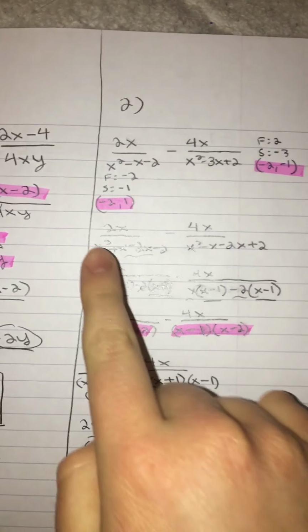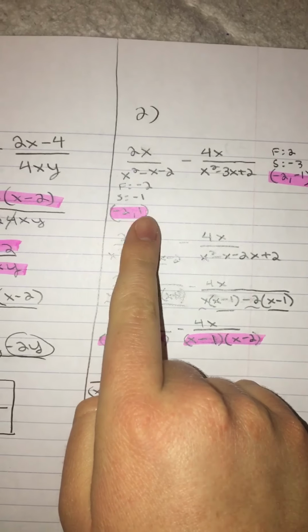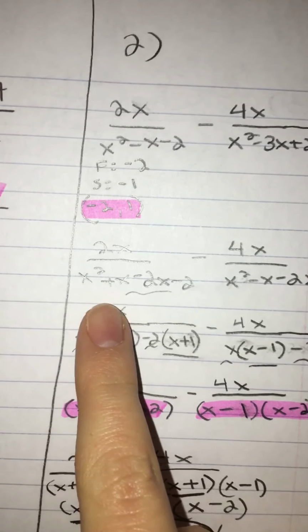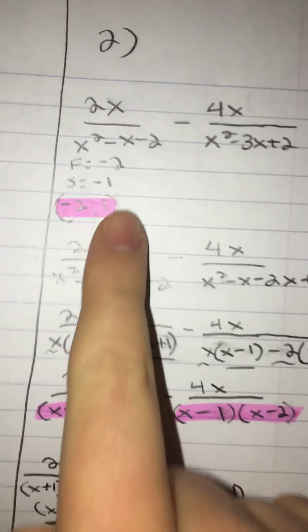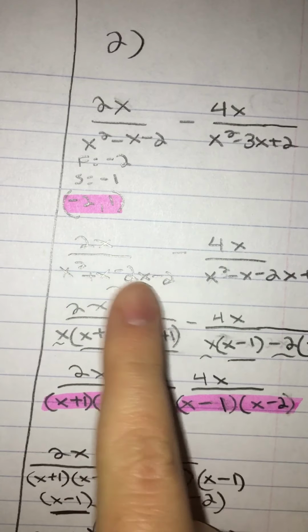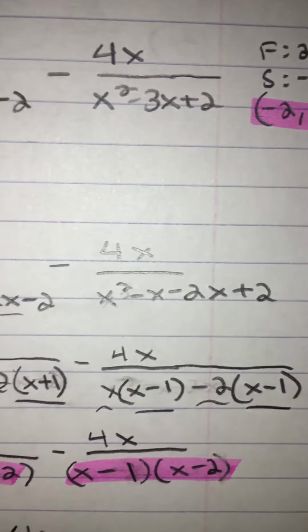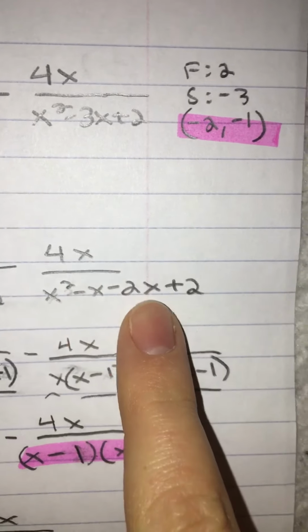And then you want to plug in your negative 2 and 1 values into the expression. So it would be plus 1 minus 2x, and then negative 2, negative 1, negative 1, negative 2. Okay.